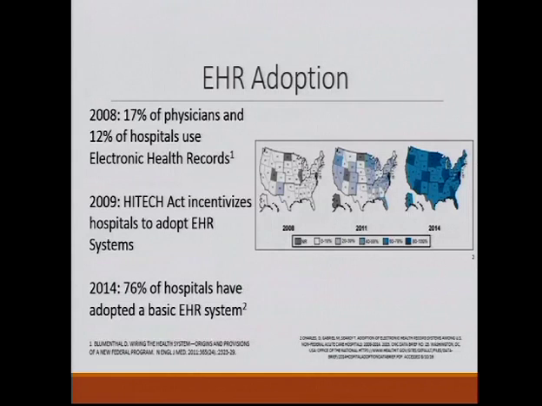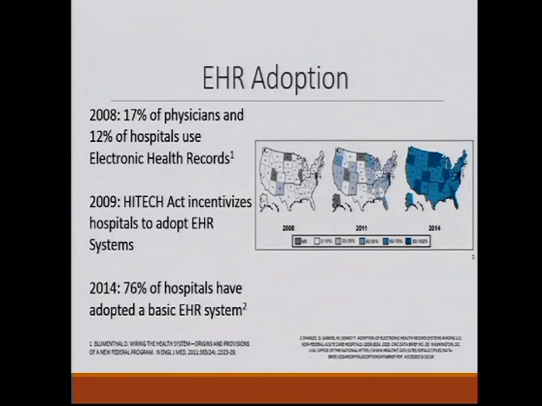And so in 2009, as part of the economic stimulus package, the HITECH Act was passed by the federal government to help incentivize hospitals to invest in these fairly expensive and complicated systems, which has been a very successful endeavor. By 2014, 76% of hospitals were using a basic electronic health record system.